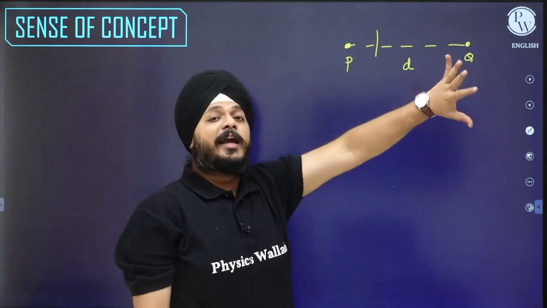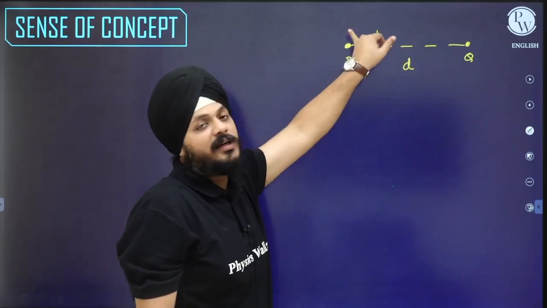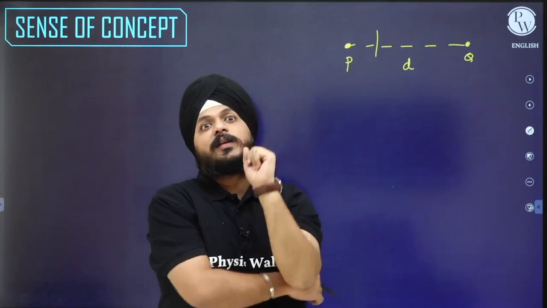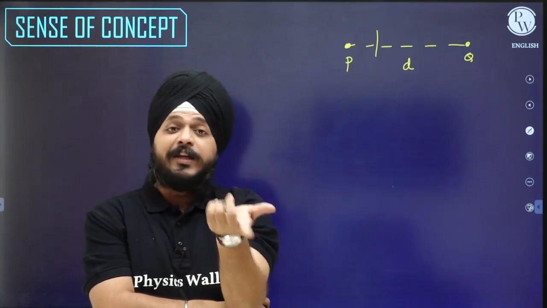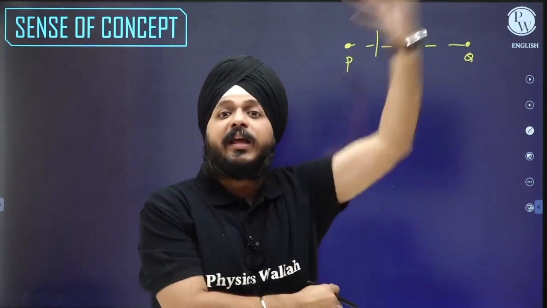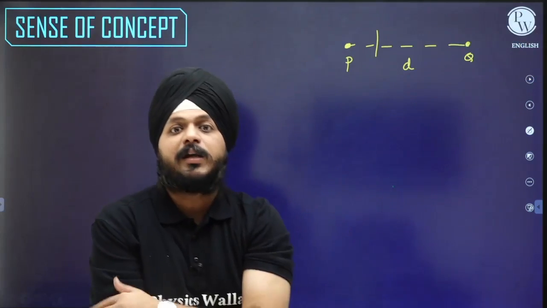Suppose the first interval is d by n, and the second interval is d by 2n. In the first interval it moves with speed v1 and time t1. For the second, d by 2n, it moves with velocity thrice of v1 and time t2.